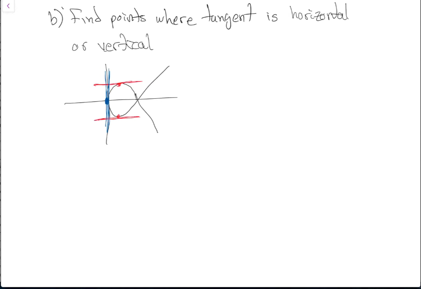Now if we think back in terms of dy/dx, dy/dx is giving me slopes of every tangent. So just like we would have done in prior conversations, the horizontal tangents come where dy/dx is equal to 0.